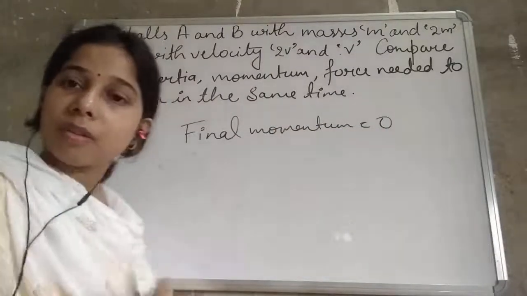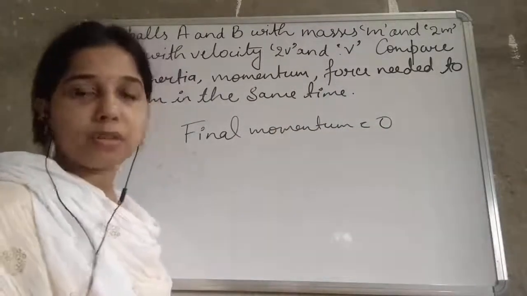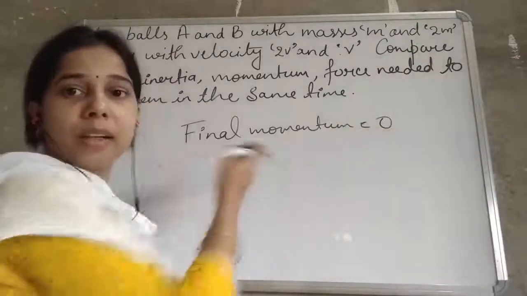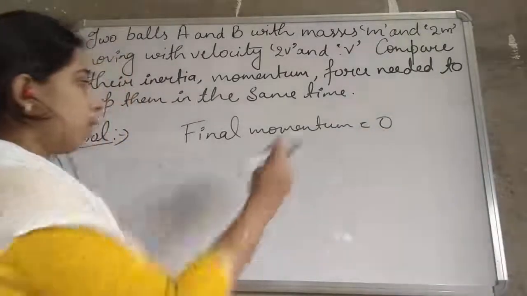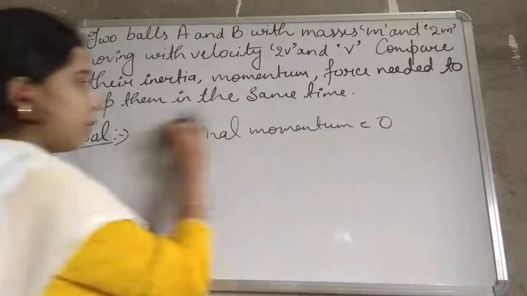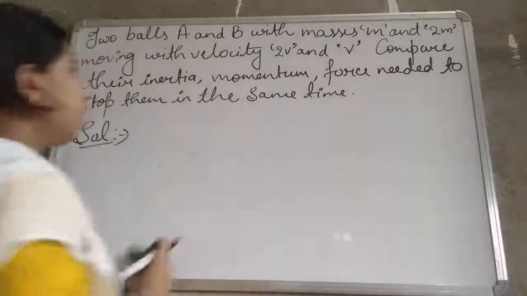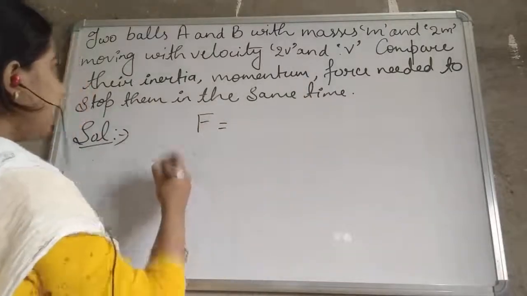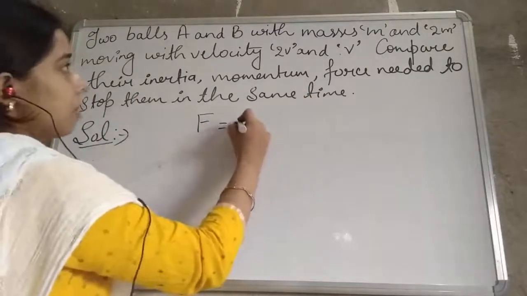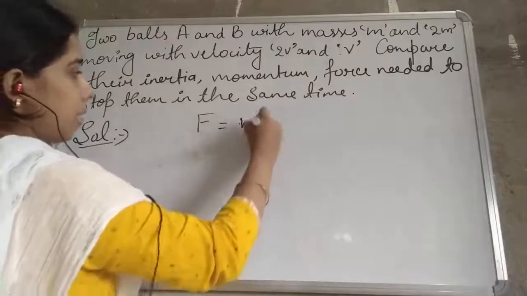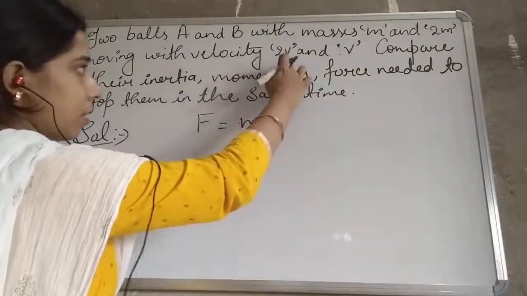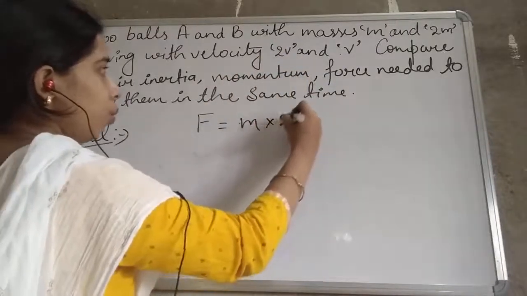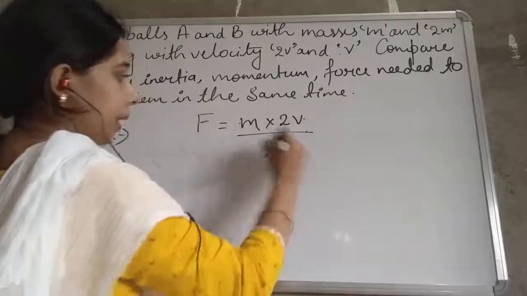Because the final velocity will be 0, and mass into velocity, if the velocity is 0, then final momentum will be 0. So we will consider the initial momentum only. So the force is equal to initial momentum, that is mass m and the initial velocity 2v, upon t.